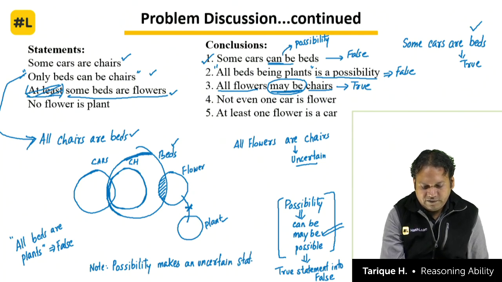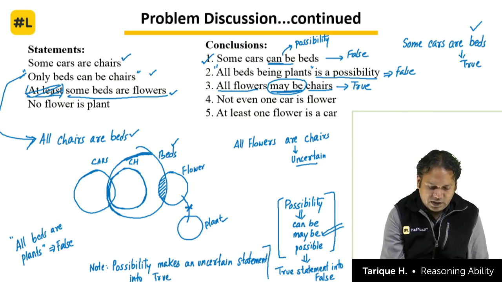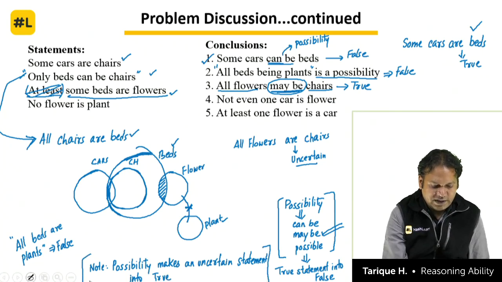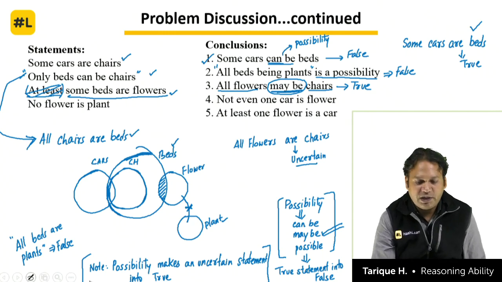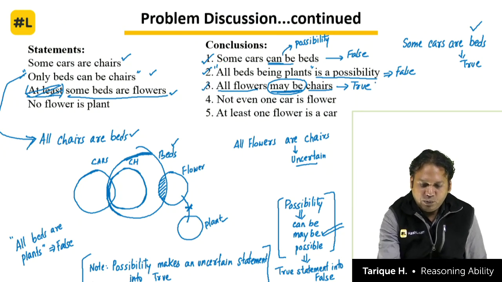So possibility converts an uncertain statement into true statement, and we know that it converts a true statement into a false statement. Clear? So these points you have to keep in mind. So three is first, second, third we have seen. One true statement we have got.